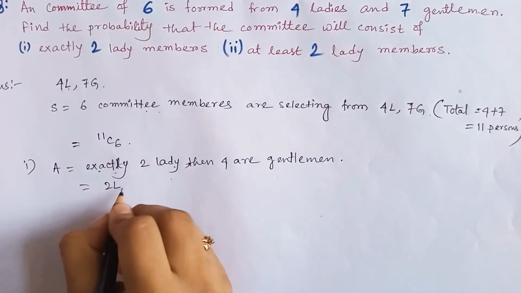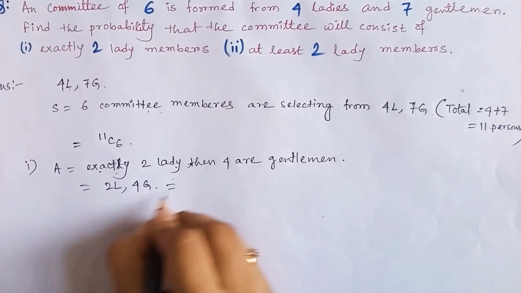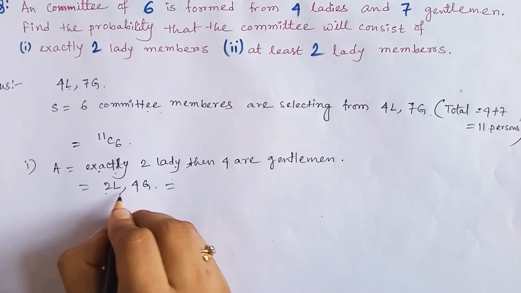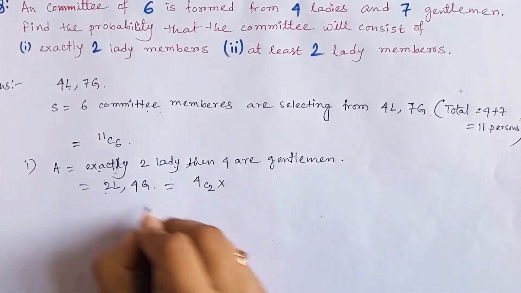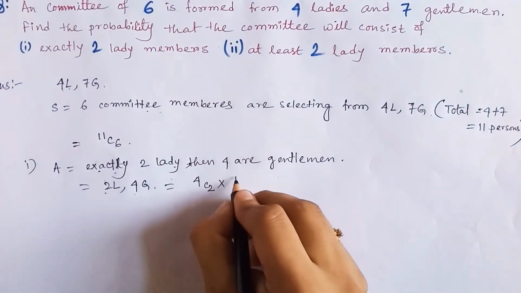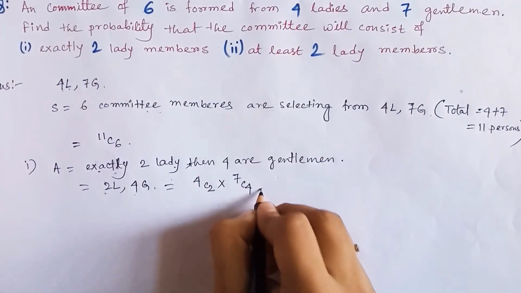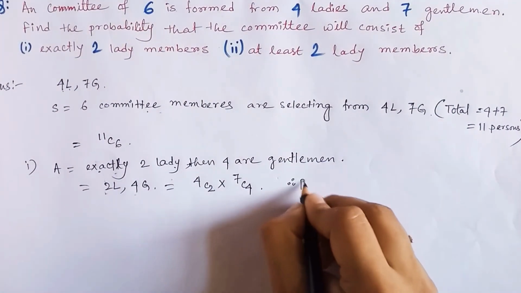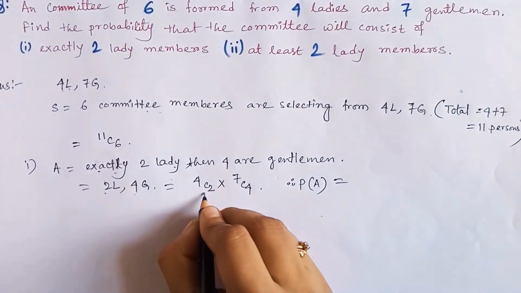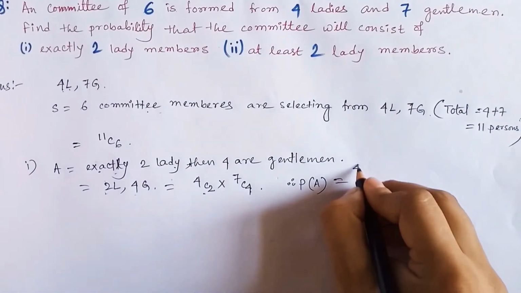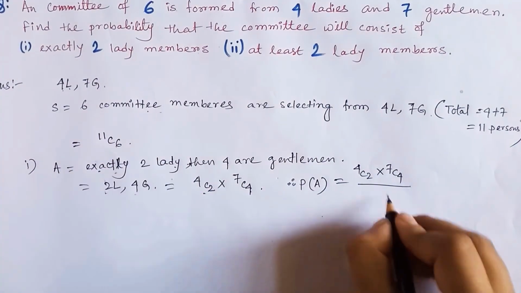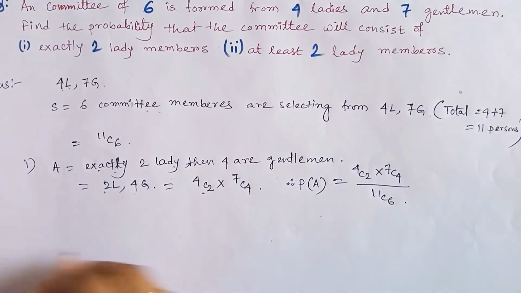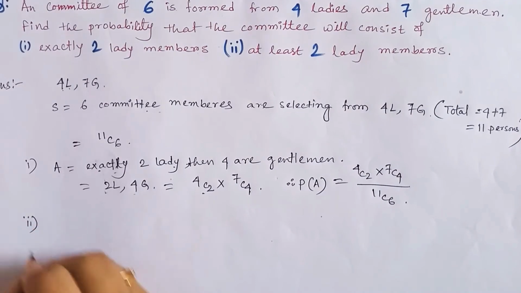That means 2 lady and 4 gentlemen. So we can select 2 lady out of 4 lady in 4C2 ways, and 4 gentlemen out of 7 gentlemen in 7C4 ways. Therefore the probability of A is n(A), 4C2 into 7C4, whole divided by n(S), 11C6. This is the answer.